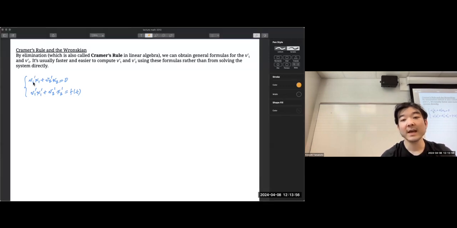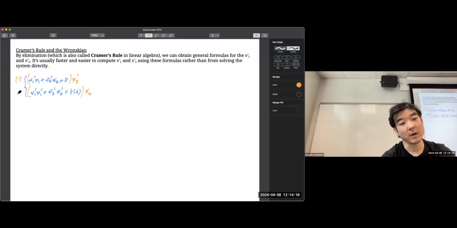If I wanted to, say, eliminate v2 prime. So there's a v2 prime up here and a v2 prime down here. And I want to eliminate those two. Well, this one has an x2 prime, so I'm just going to multiply this by x2 prime. I'm going to multiply this by x2 because that's what the other one has. And then you can just subtract those two.